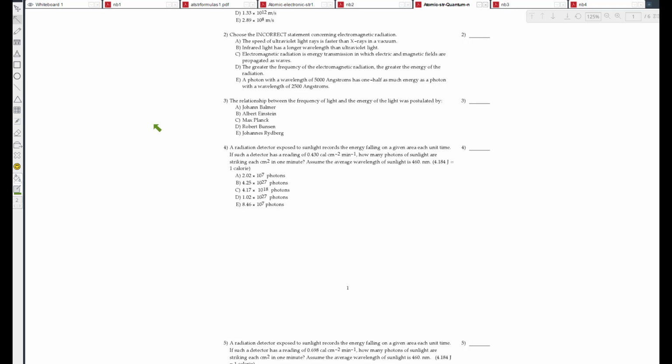Yeah, they are faster. Okay. Which one has more energy, X-rays or ultraviolet? UV has less energy than X-rays.